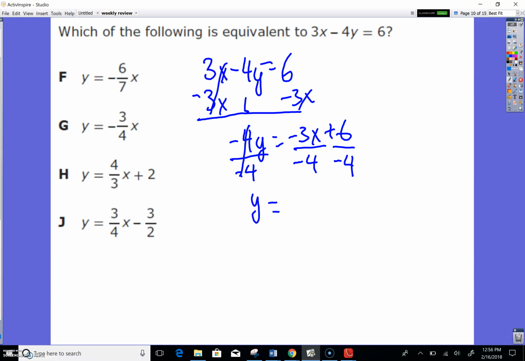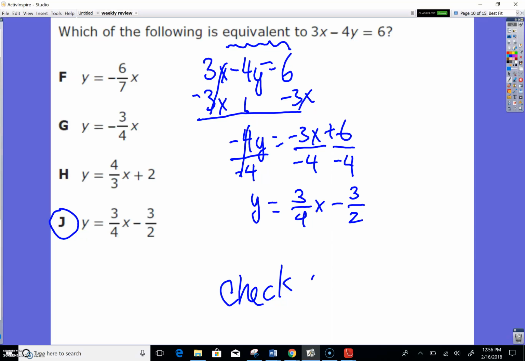Y is equal to 3/4 x minus 3/2. Now, one thing that you really need to understand is that the word equivalent means the same. So you can always check your answer by graphing.